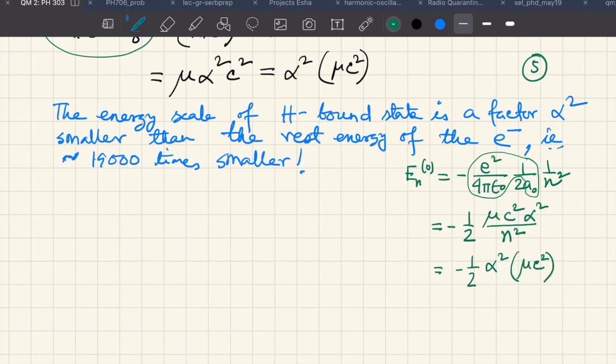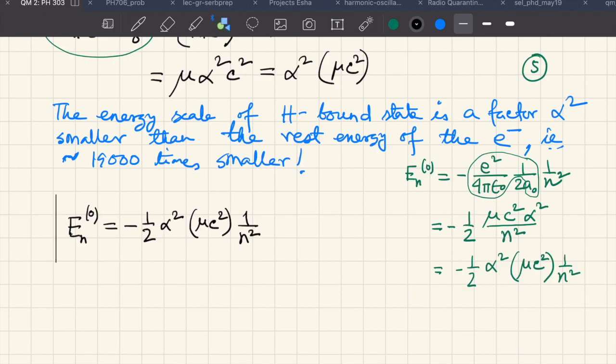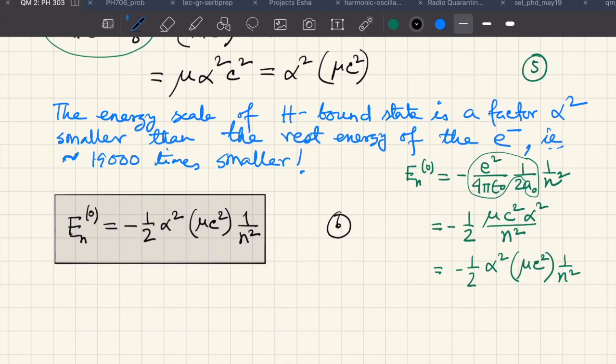Again you see that this is the rest energy, and then there is this 1 by n square term. So if I finally write down En0, I can get an expression of this object in terms of alpha and the rest energy, it looks something like this. So this is a very important expression, and let us number this equation 6.